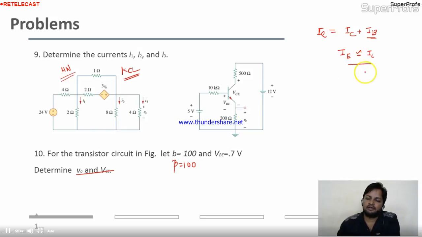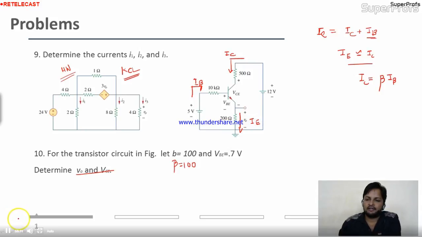Now another formula is given, and that is IC is beta times IB, where IB is the base current. This is the base region, this is the collector region, and this one is the emitter region. So the current in the collector is IC, and the current in the emitter is IE.